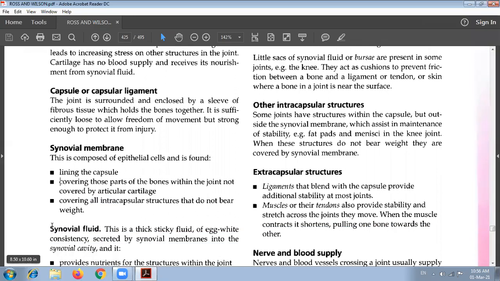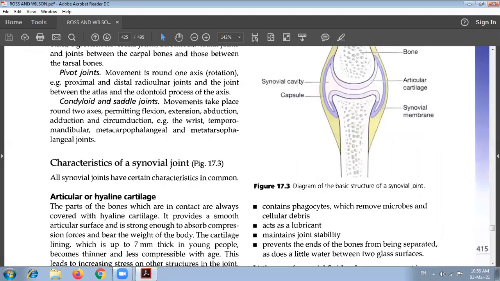The next characteristic is the synovial fluid. This is very important. This is a thick, sticky fluid of egg white consistency secreted by the synovial membrane into the synovial cavity. So here you can see the synovial fluid which is present in this space in the capsule.